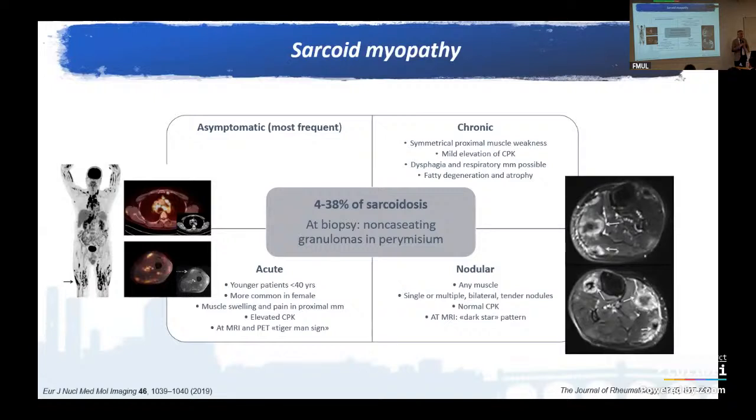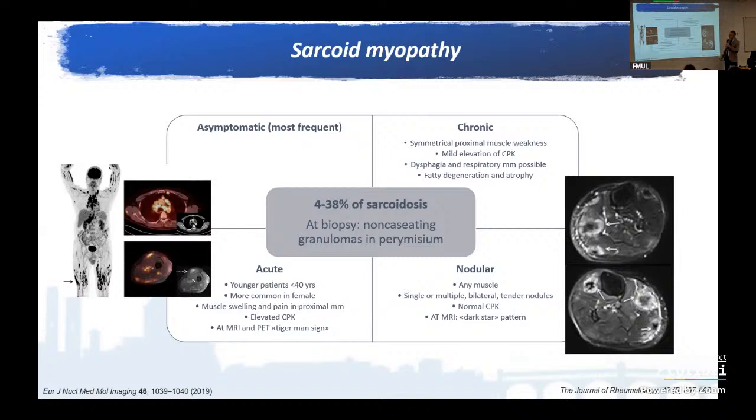The last point is that sometimes we should also think of different conditions, and in particular, maybe we should think also of sarcoid myopathy. It's not so rare to see the occurrence of sarcoidosis with antisynthetase syndrome. We identified a lot of patients in our cohort, and other colleagues talked to me because they were completely worried about the occurrence of both sarcoidosis and antisynthetase syndrome, but this is a possibility.